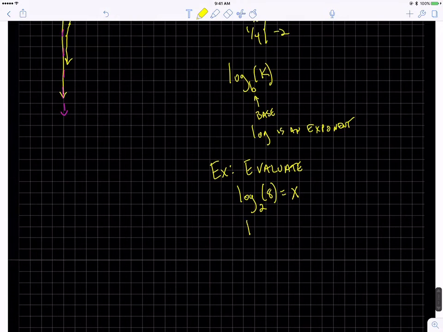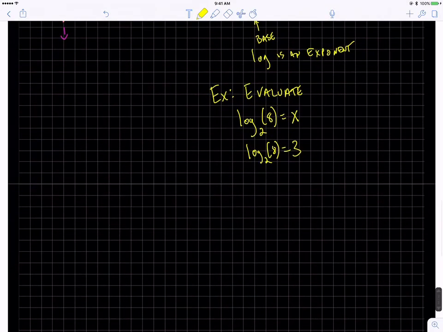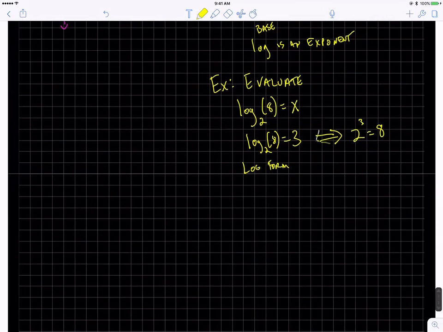You just sort of know that the answer is 3. This is logarithmic form. The way you would write that as an exponent is base 2 to the power 3 equals 8. That shows us how we can write back and forth from exponential form to logarithmic form.